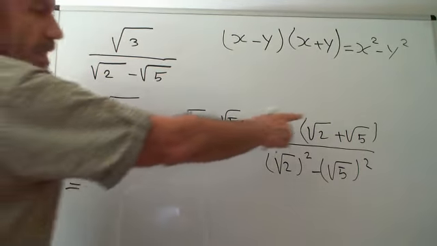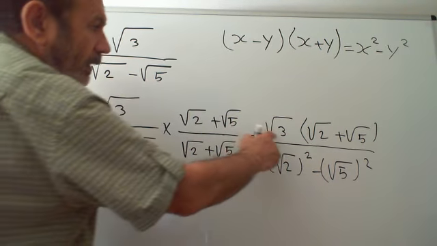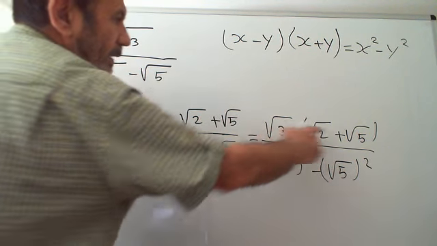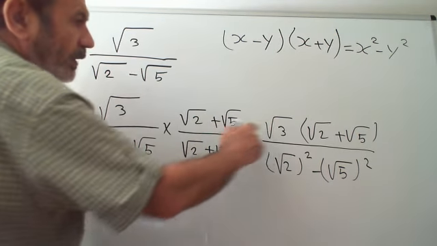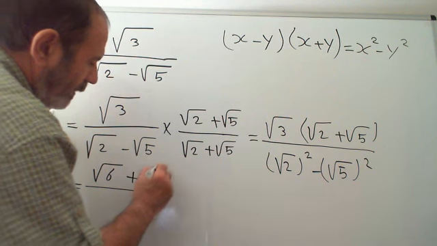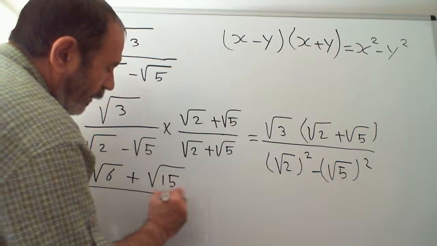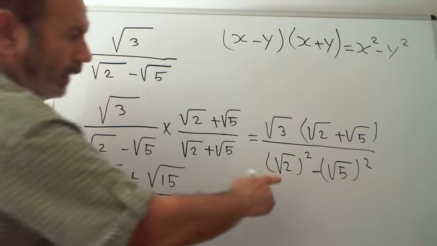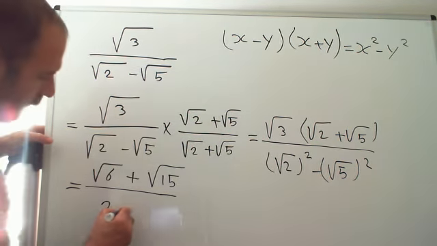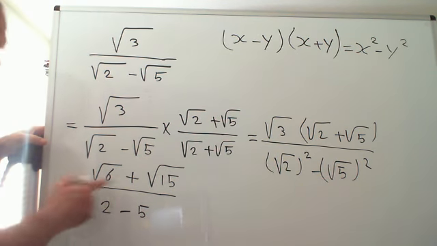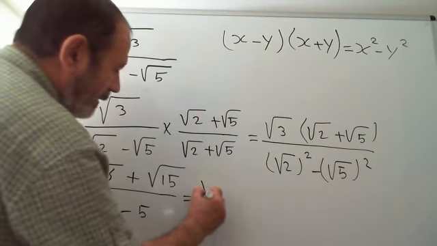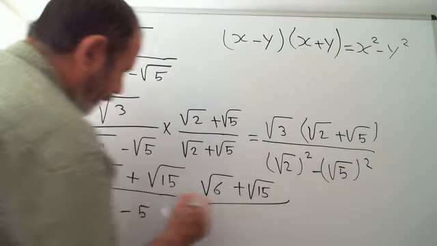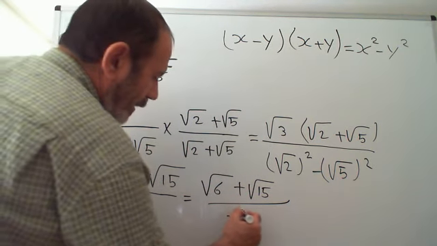Now, if we simplify the top, radical 3 times radical 2 is radical 6, and positive times positive is positive, radical 3 times radical 5 is radical 15. For the denominator, radical 2 squared is 2, minus radical 5 squared is minus 5. So this one is radical 6 plus radical 15 over 2 minus 5, which is minus 3.